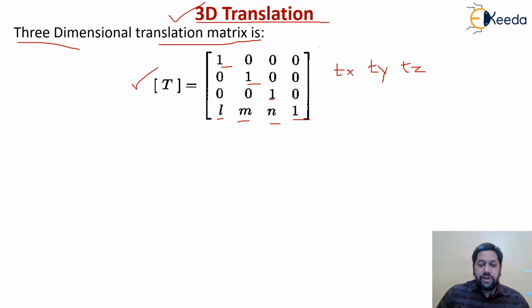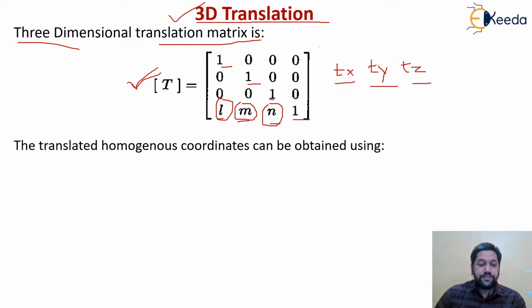This Tx is nothing but my value L, my Ty is my value M, and my Tz, the translation factor in z, is represented with the value N. So L, M, and N represent the translation factors Tx, Ty, and Tz respectively. So all of you understood how I am using my transformation matrix. Let us continue our discussion.